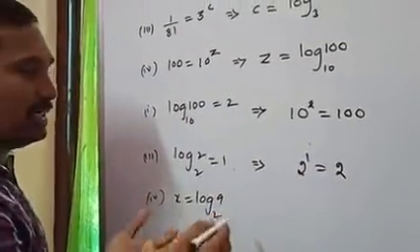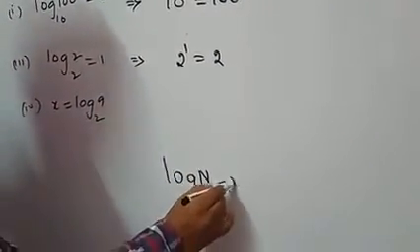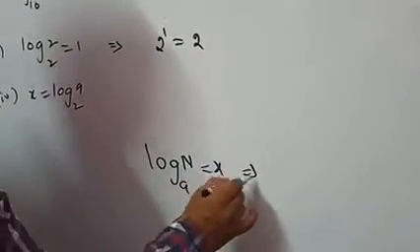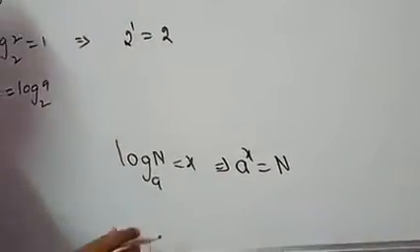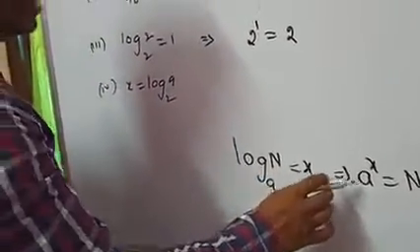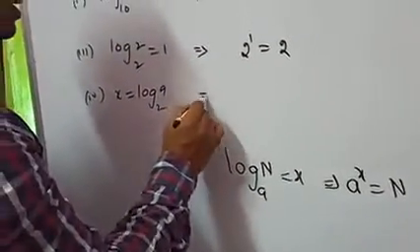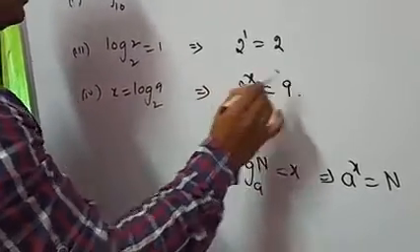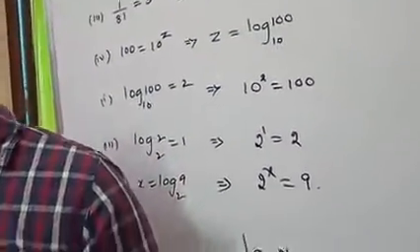To write in the exponential form, you have to remember: log n base a equal to x, then this is the base, this is the exponent, a power x equal to n. A is the base, x is the exponent. Here 2 power x equal to 9.